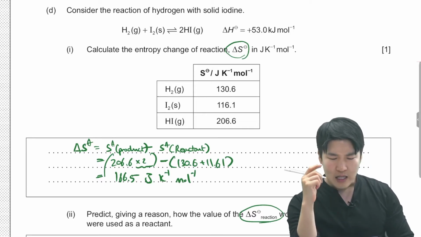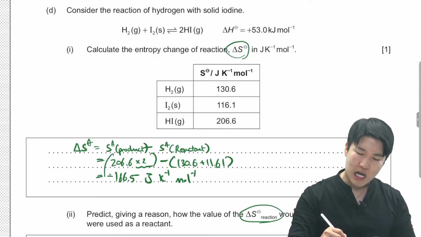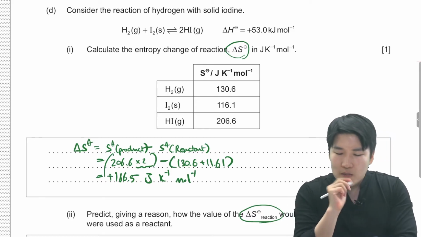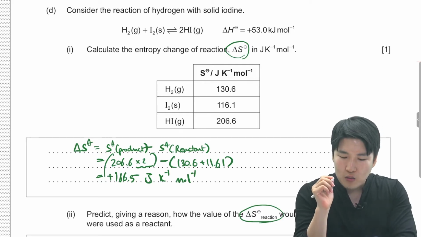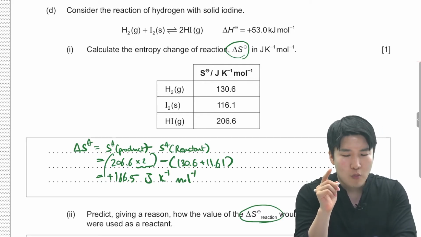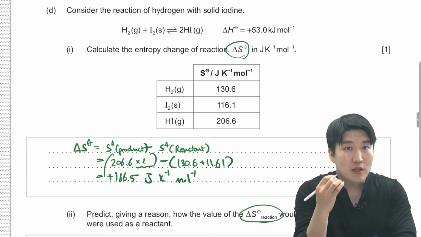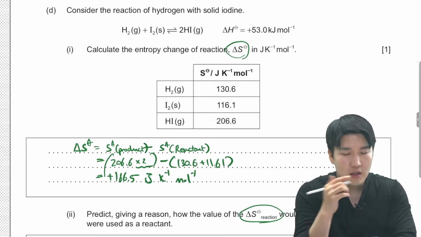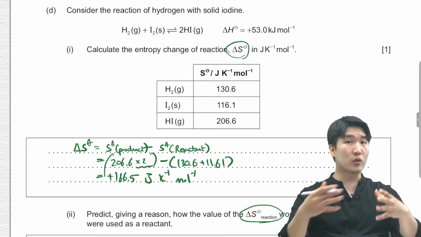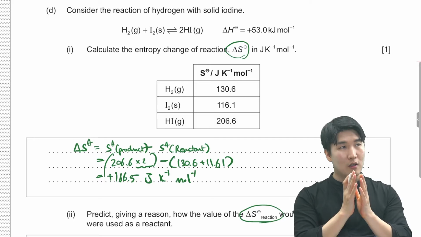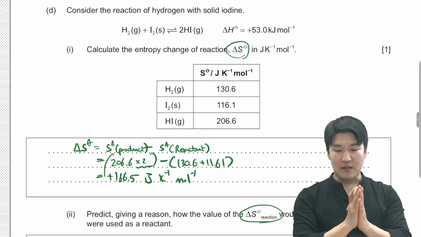Let's look at how our calculated delta S value is positive, which completely makes sense because we are producing 2 moles of gas from 1 mole of gas and 1 mole of solid. Yes, gas is more chaotic. There's more disorder to gas than solid. Therefore, there's an increase in the disorder of the system. Positive entropy change value does make sense.